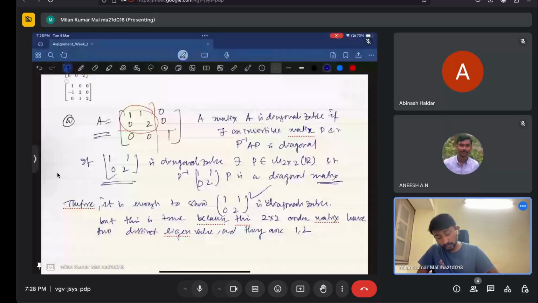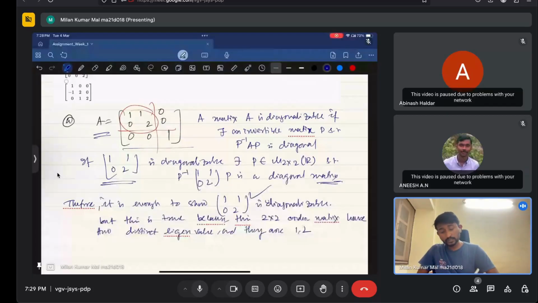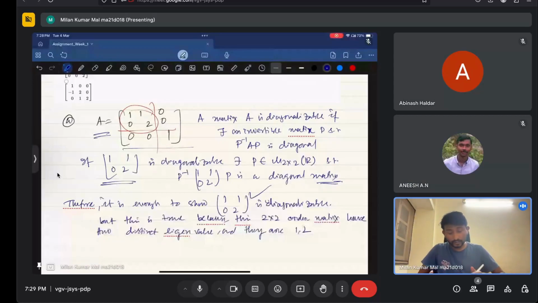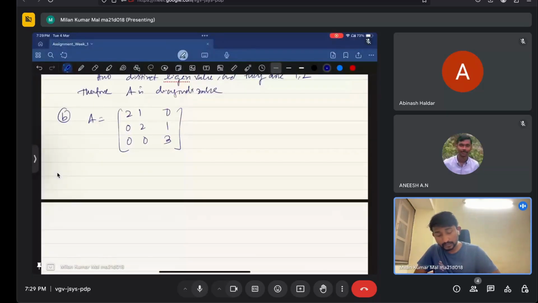So let's see option B. A is equal to [[2,1,0],[0,2,1],[0,0,3]]. I think 3 is there. Yes, 3 is there. So is this diagonalizable or not? One can see that it has two distinct eigenvalues, that is 2 and 3.